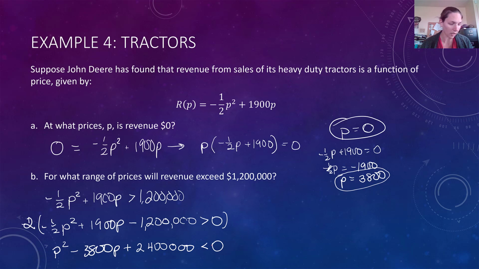And then we need two numbers that add up to 3,800 and multiply to 2.4 million. So my x's are $3,000 and $800. Now that we want to be less than 0 and it opens up, we want to be between them.